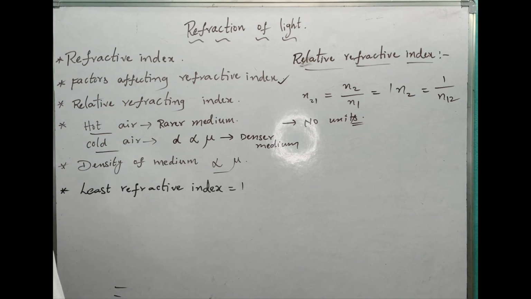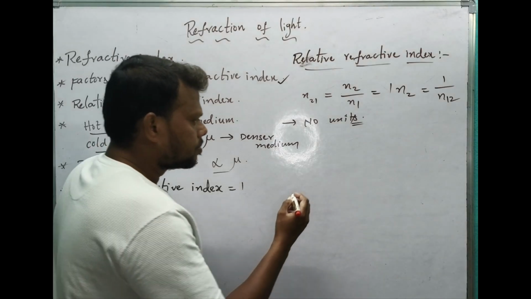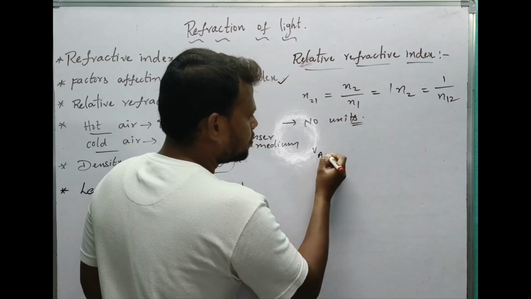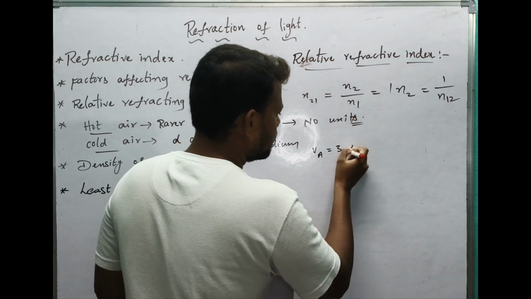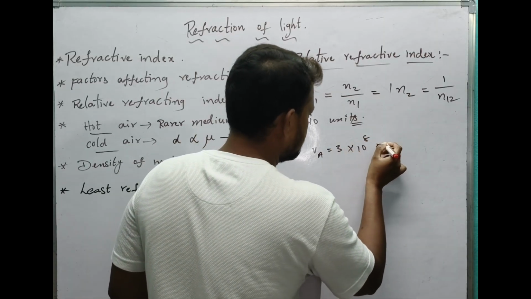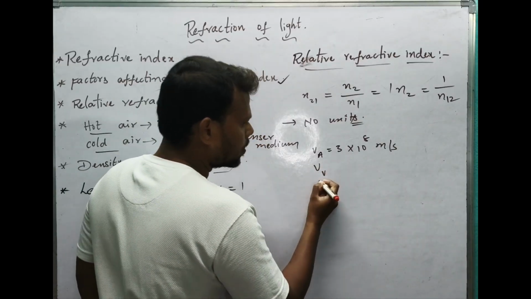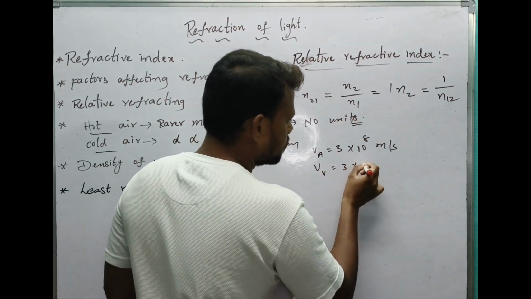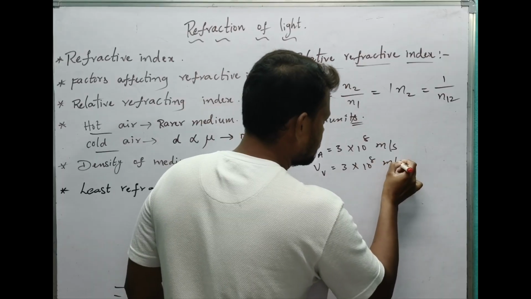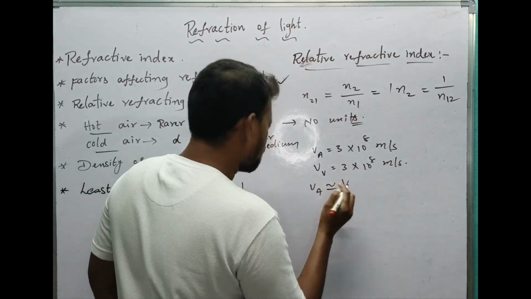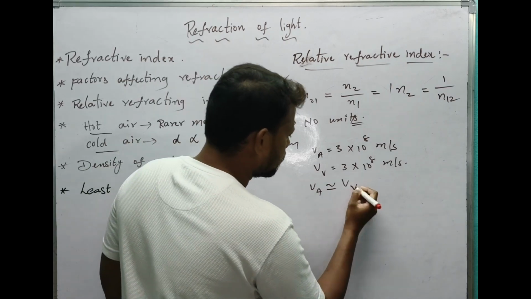Next, the speed of light in air is 3 into 10 power 8 meter per second. I said the speed of light in vacuum is 3 into 10 power 8 meter per second. The speed in air is approximately equal to the speed of light in vacuum.